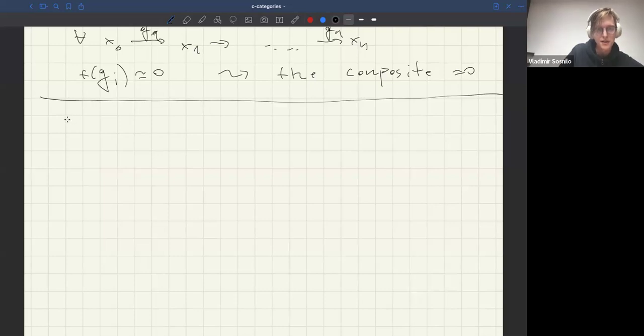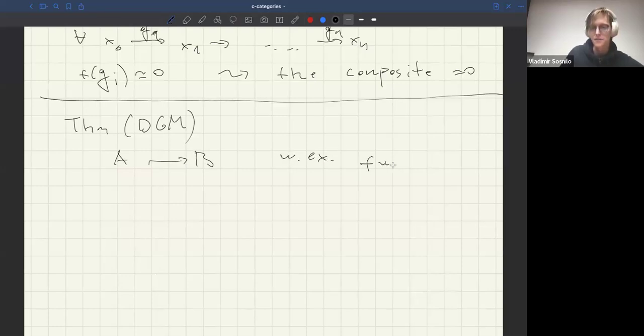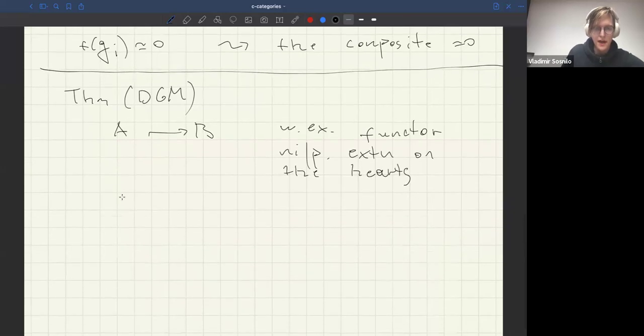And in the end, you get this theorem, Dundas-Goodwillie-McCarthy, which tells you that for any weight exact functor A to B which induces a nilpotent extension in the heart, the following diagram is a pullback.